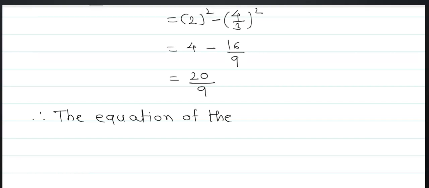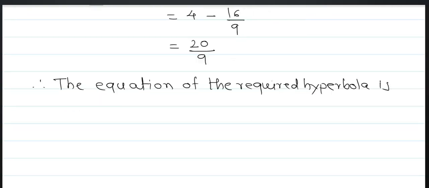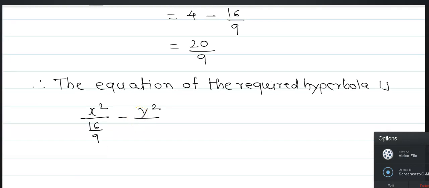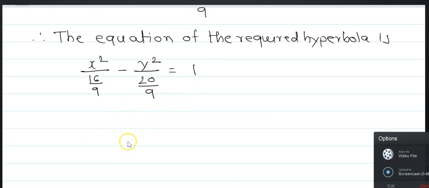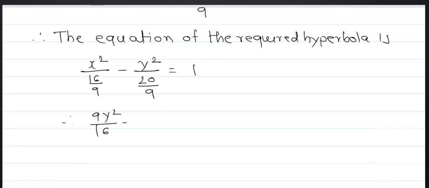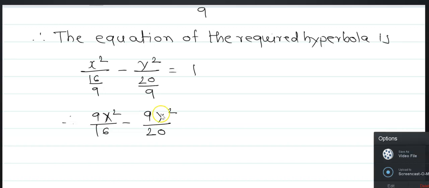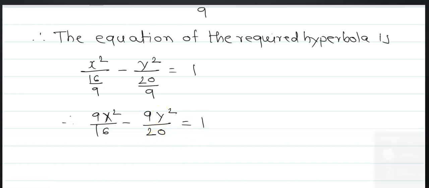Therefore, the equation of the required hyperbola is x square upon 16 upon 9 minus y square upon 20 upon 9 equals 1, that is 9x square upon 16 minus 9y square upon 20 equals 1.